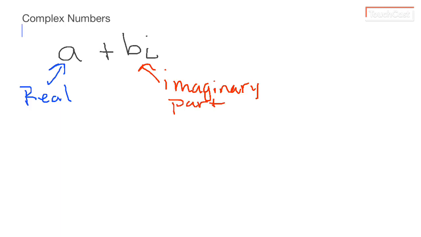So complex numbers have two parts, real parts and imaginary parts. And the part that makes them complex is that imaginary part.